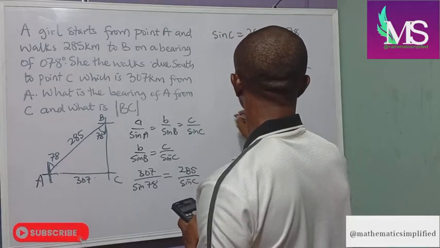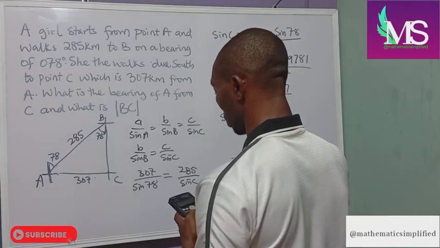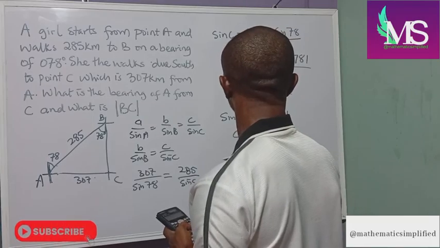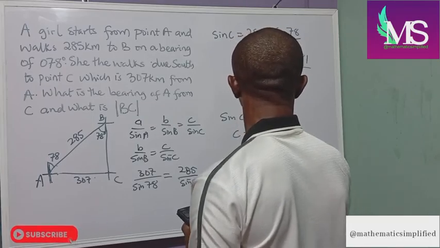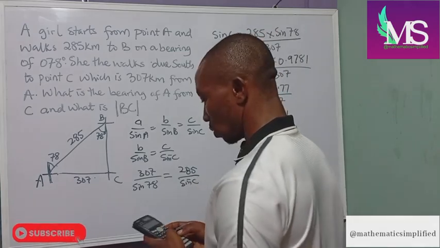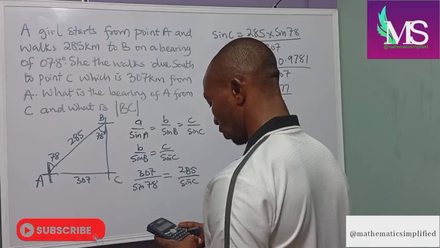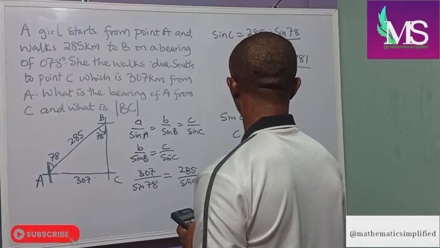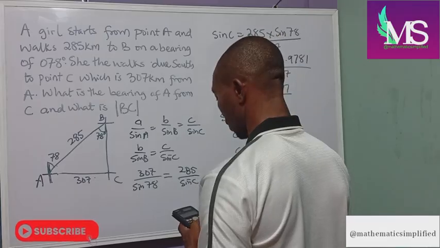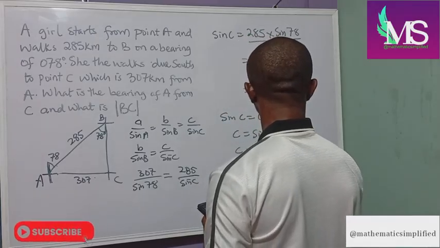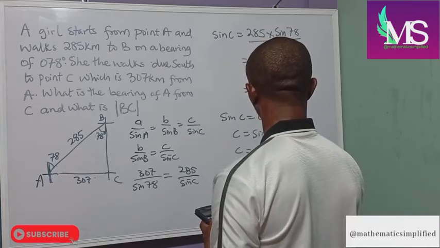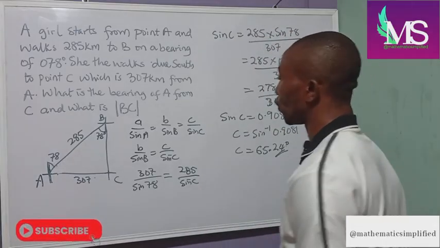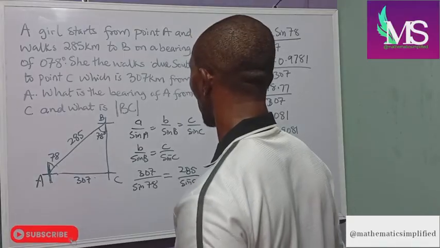So this will give us sine C equals 0.9081. So C equals sine inverse of 0.9081, which would give us C equals 65.24 degrees.